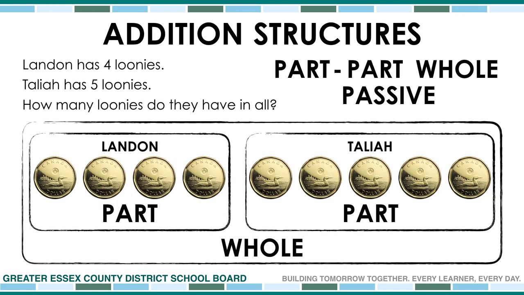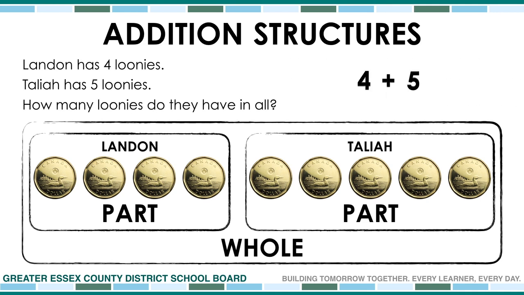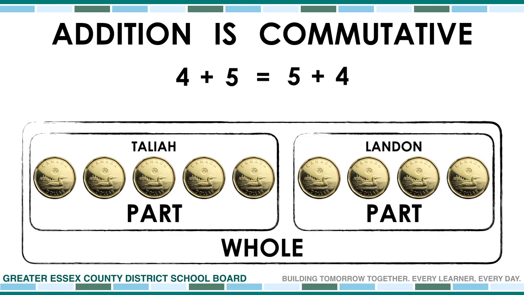Now, let's look at a really important number property that applies to addition, regardless of the structure. I'm sure you'd agree that 4 loonies plus 5 loonies is equivalent to 5 loonies plus 4 loonies, right? Well, our ability to move or swap the addends in an addition scenario is known as the commutative property.